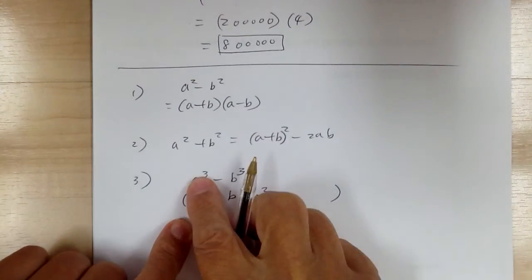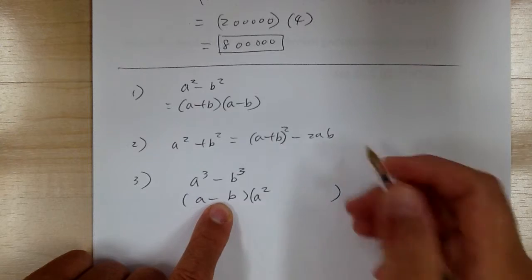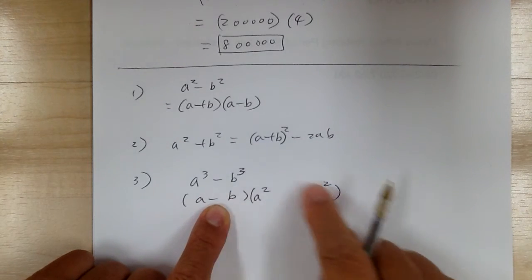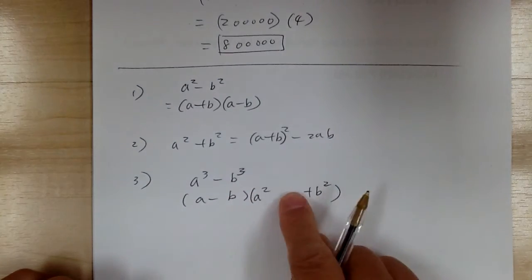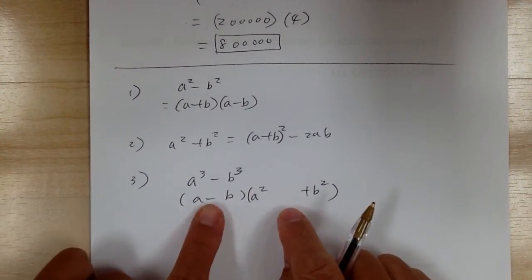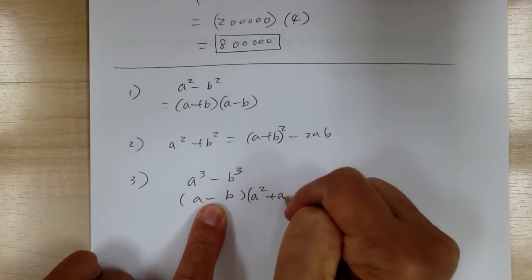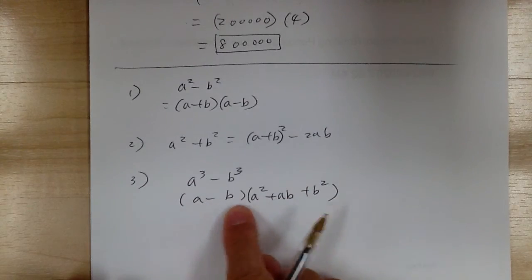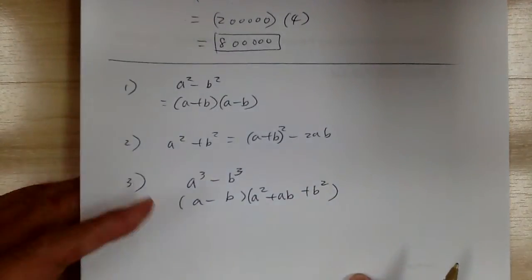A times a squared gives you a cubed. Negative b times positive b squared gives you negative b cubed. But when you distribute, you're going to get another middle term. So to cancel out the middle term, you have to take the opposite of that, so it will be plus ab. By plus ab, when you distribute, it will cancel all the middle terms.